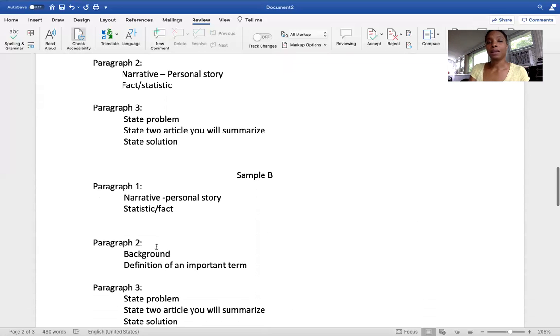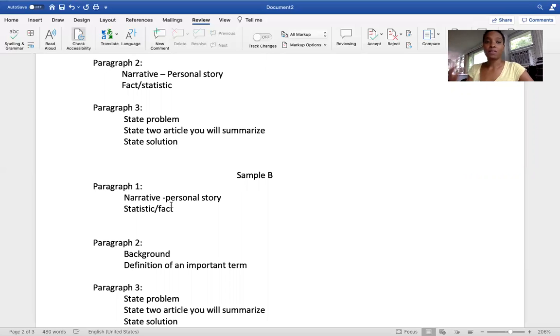Sample B, and if I do 3 paragraphs for my introduction, that should get me to roughly about 1.5 pages. So maybe I don't want to begin with quotes. I've been doing that since this whole thing began. I'm going to try something new. So maybe for my first paragraph in sample B, I'm going to begin with a narrative or a personal story, because I figure that that's going to be more effective for my paper. You have choices, it's your paper.